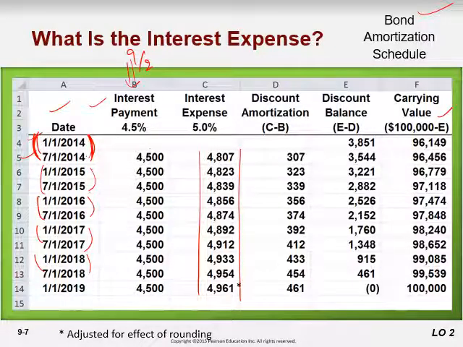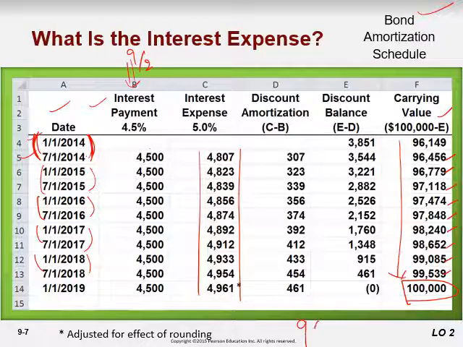Why? Because it depends on the value of the bond. Did you notice something? The value of the bond approaches the maturity value. Why? Because at the end you are not liable to pay this value, you are liable to pay 100,000.